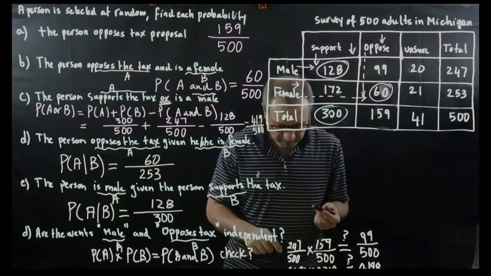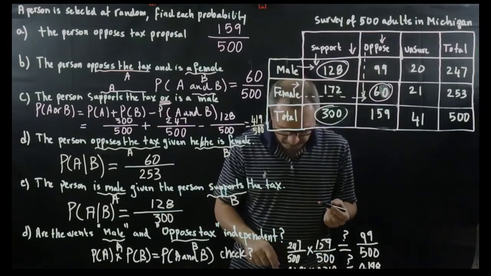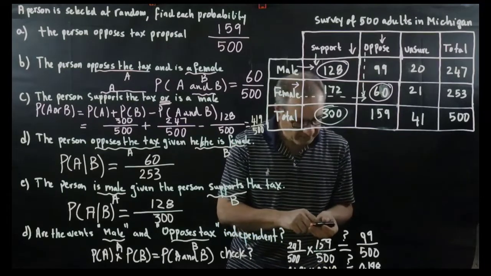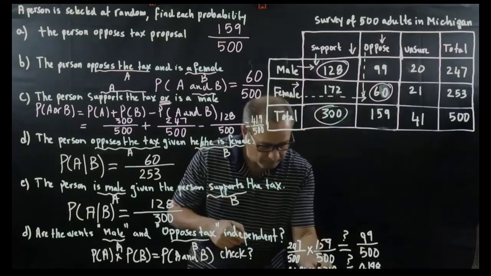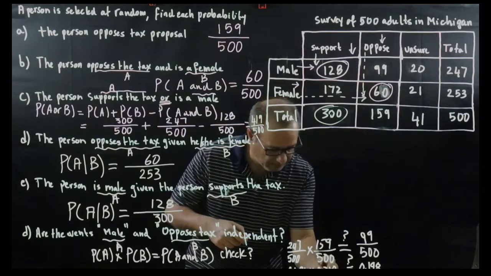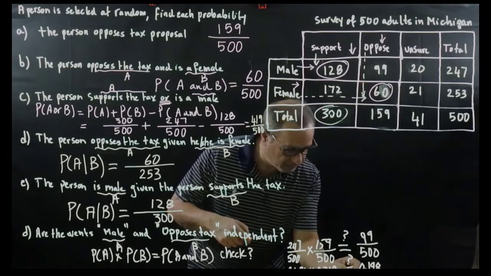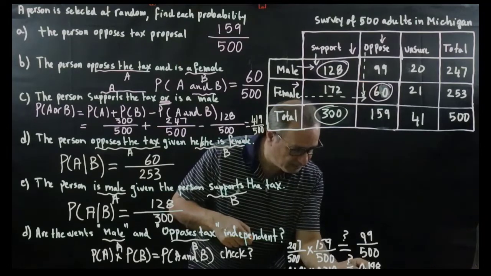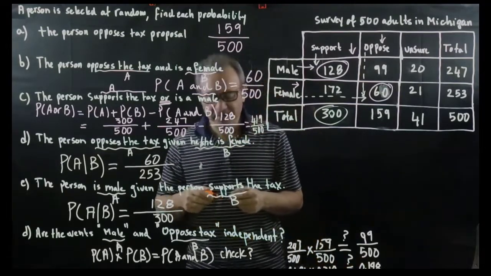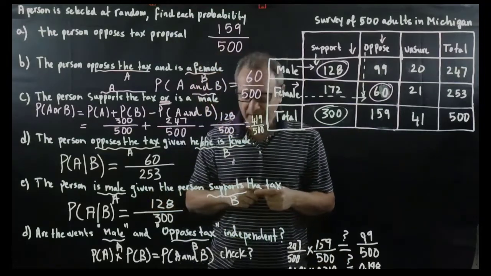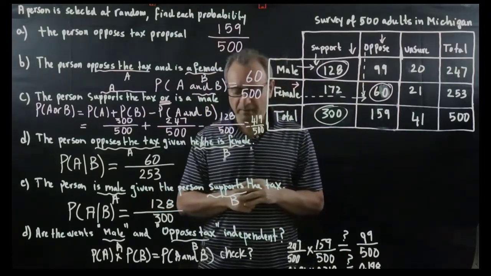What is 0.318 times 0.494? I got 0.157, which is different from 0.198. And your conclusion is that the events are not independent because the probability of A times the probability of B is not equal to the probability of A and B.